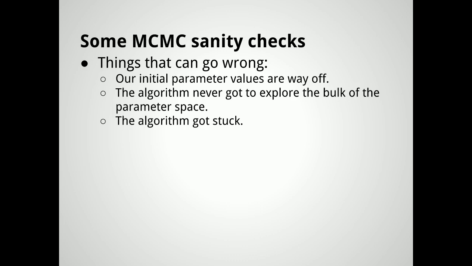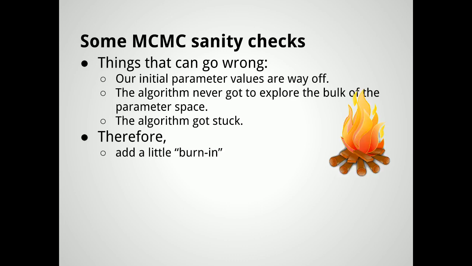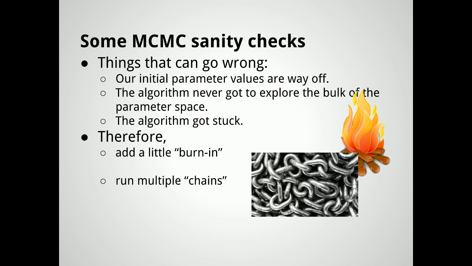So, to try to avoid these problems, you could add a little burn-in when running the Markov chain Monte Carlo algorithm. That is, you let it run around for a while so that it is more likely that it starts from a good starting position. You can let loose multiple Markov chain Monte Carlo walkers in the parameter space, or chains as they are also called, from different starting points and see that they explore similar parts of the parameter space.